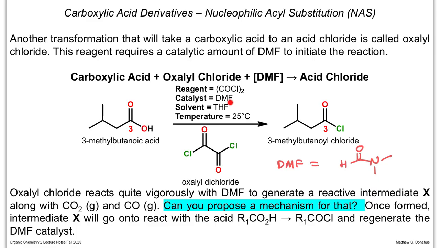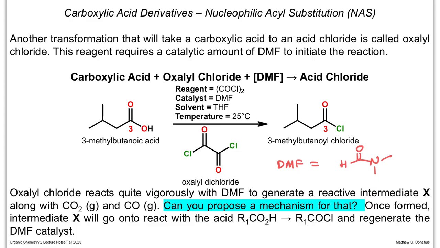And then the DMF and the oxalyl chloride form an intermediate that, when the reaction progresses, produces carbon dioxide and carbon monoxide. So if you put a deflated balloon over your reaction, you'll know the reaction's occurring because that balloon will eventually expand.